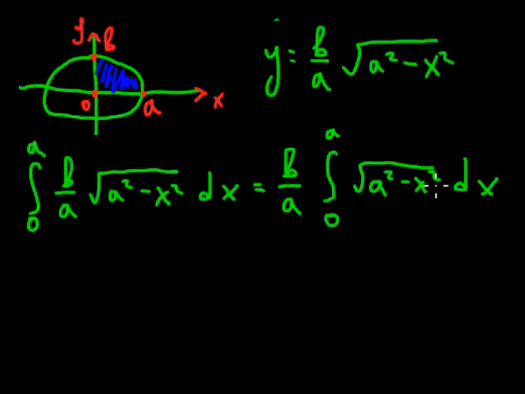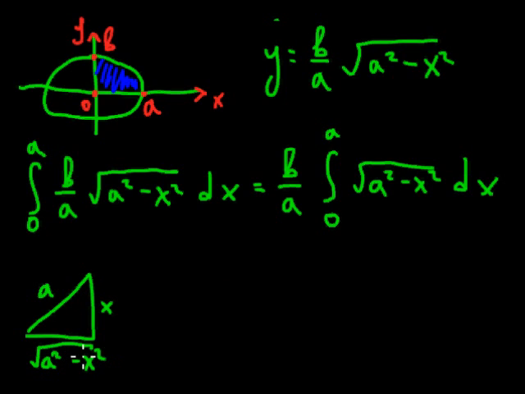Okay, to solve this integral we're going to use trig substitution, so I suggest we draw a triangle, and let's say this side x, and this is hypotenuse a, and this is going to be square root of a squared minus x squared.